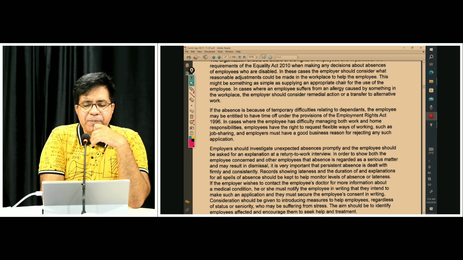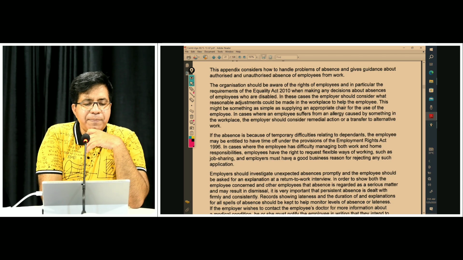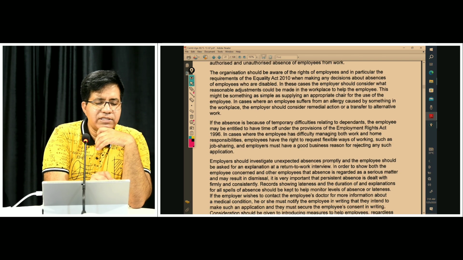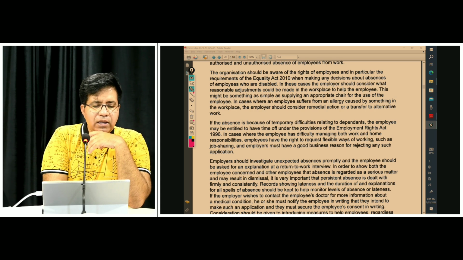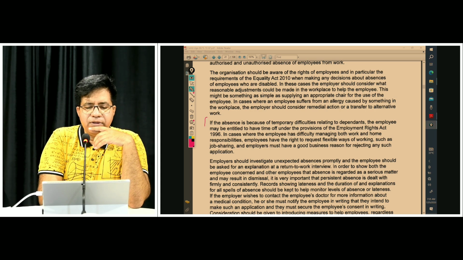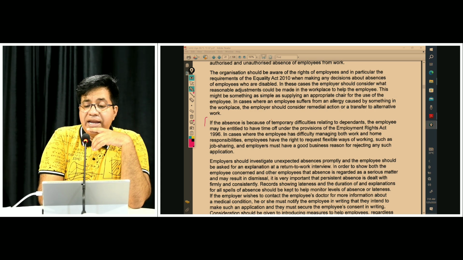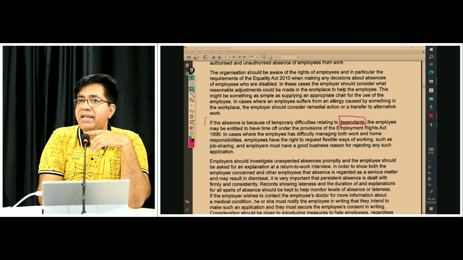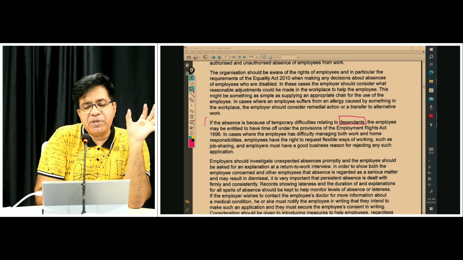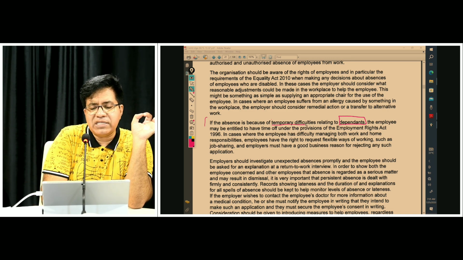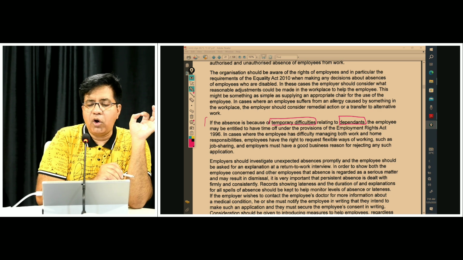Okay, so which paragraph is that? Second paragraph, very good. Like it's the third one actually, but anyways. If the absence is because of temporary difficulty relating to dependents. Got it? Very simple and easy. If the absence is because of temporary difficulties, what is the word for temporary? Short term.